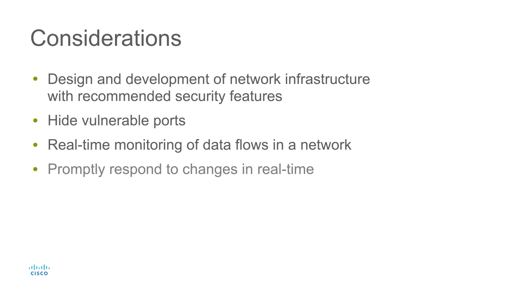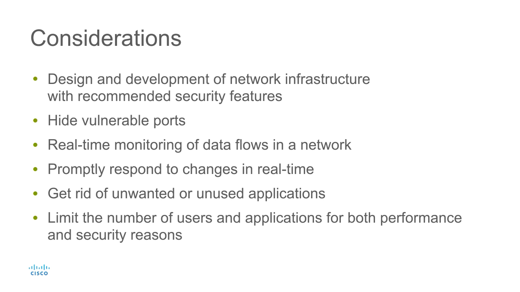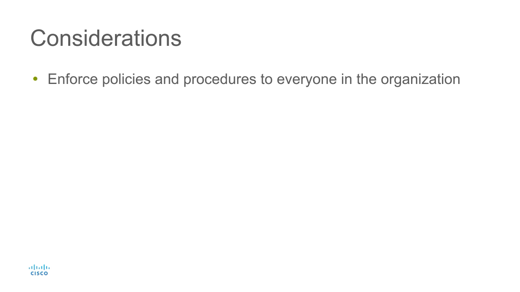We want to perform real-time monitoring of our data in the network. We want to promptly respond to changes in real time. So we really need to be watching the network. We want to get rid of unwanted or unused applications. That'll help us to reduce some of the risks. We want to limit the number of users and applications for both performance and security reasons. We want to enforce our policies and procedures on everyone in the organization, and we want to have them trained.